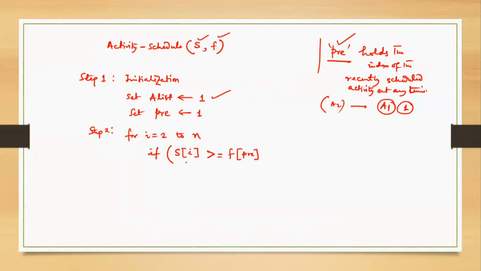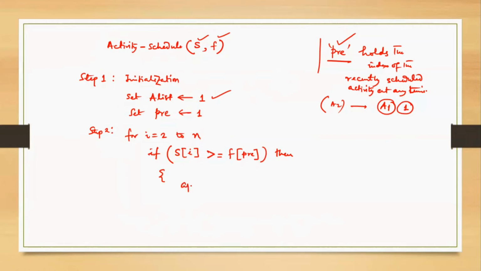So the starting time of the second activity must be checked with the finishing time of the first activity. The starting time of the third activity needs to be checked with the finishing time of the second activity. In this way, we'll move on. So if the starting time of the ith activity is greater than or equal to the finishing time of the previous activity, then yes, it can be scheduled. That means the ith activity is accepted.